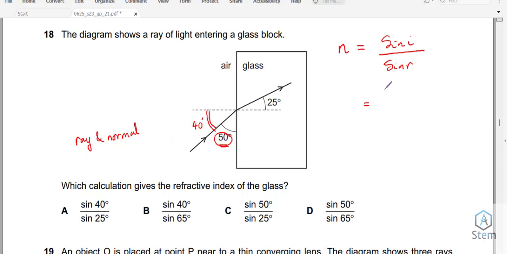So sine i is sine 40 degrees divided by sine 25 degrees. Here the 25 is clearly given, and it's the angle between the normal and the ray. Okay, so our answer is A.